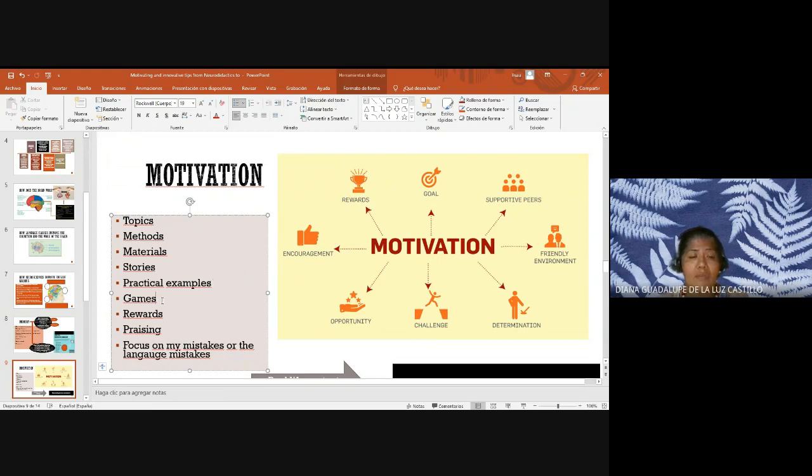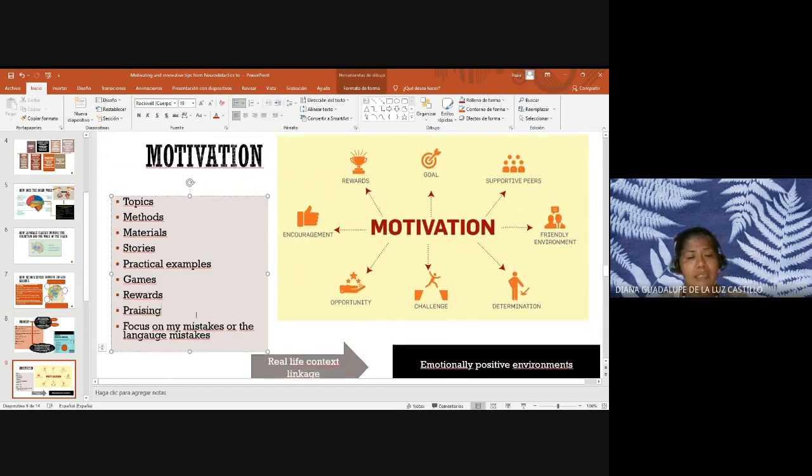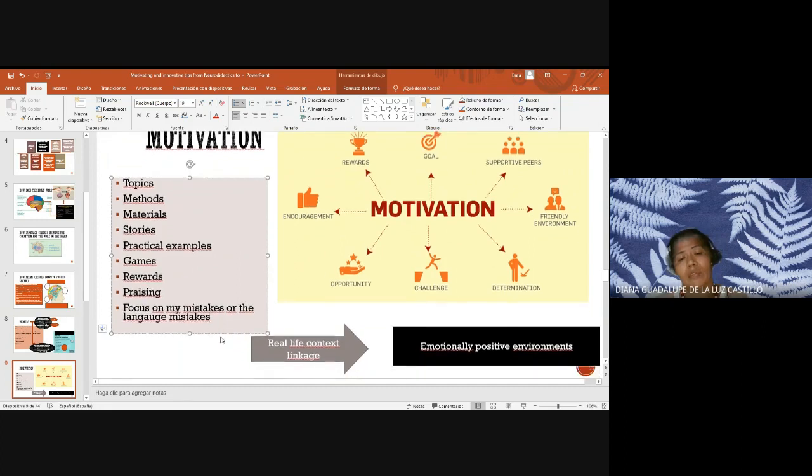We can motivate students by playing games and giving them rewards and praise them all the time, most of the time, or as much as possible. And if we focus on their mistakes or language mistakes, we will demotivate them. We won't really motivate them. Probably they may want correction, but not really. They don't want to be exposed to a correction all the time.